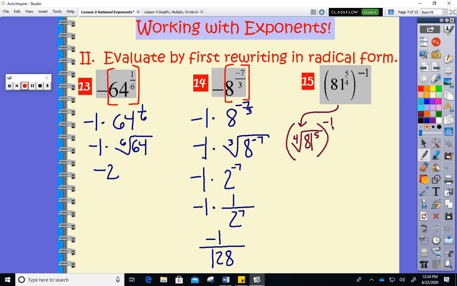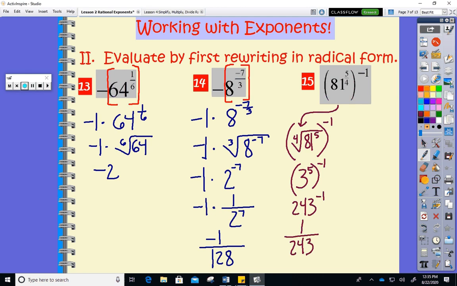I don't even know what 81 squared is by heart. But I can do the 4th root of 81, and that's 3. But I still haven't done the 5th power part, so I need to do this. Well, I know that the 3 to the 5th is 243. Now I've got 243, and I still have to deal with the -1 part, so it's 1 over 243.